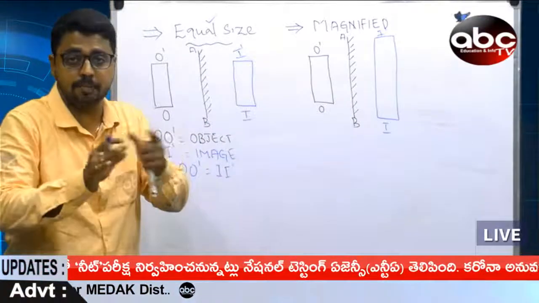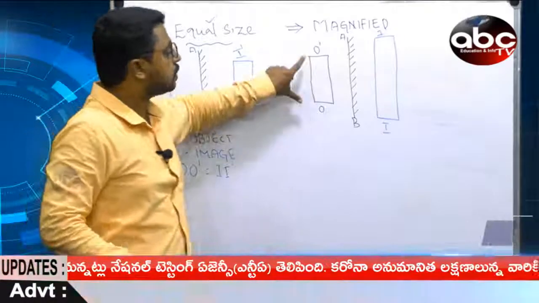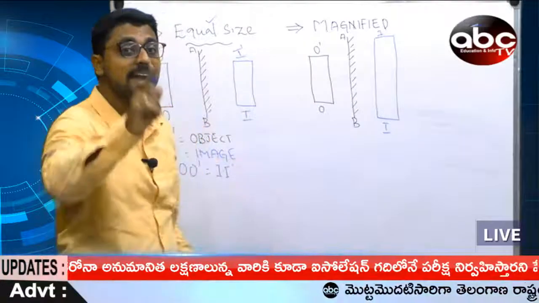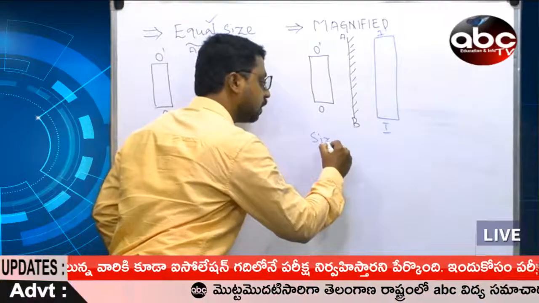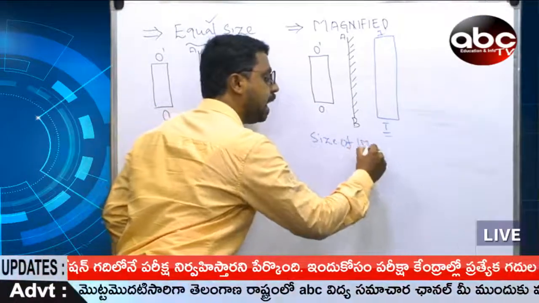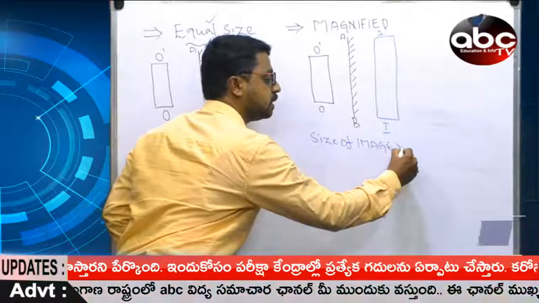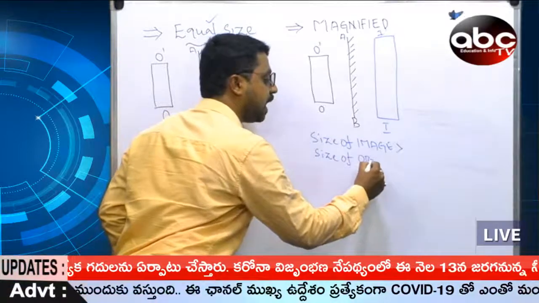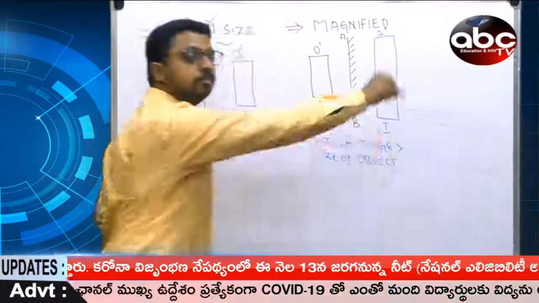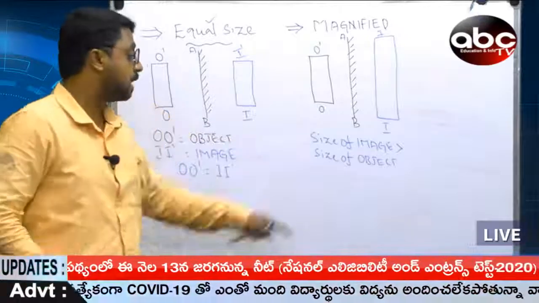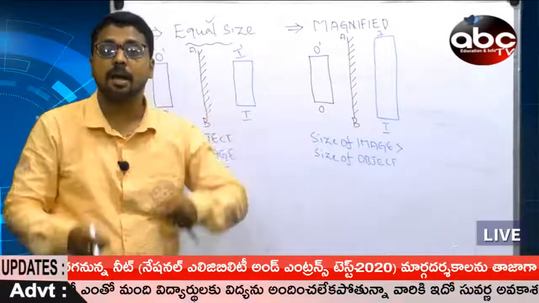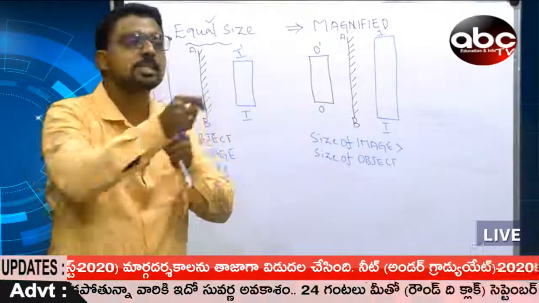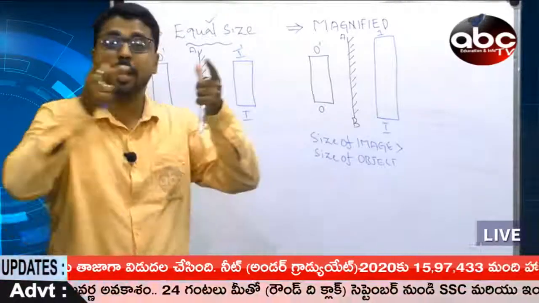Once you see the difference, my dear friends, O dash is this much. The size is somewhat small when compared to this one. That is, size of image is greater than size of object. Like when you see some persons or things through a magnifier, they look very broad.